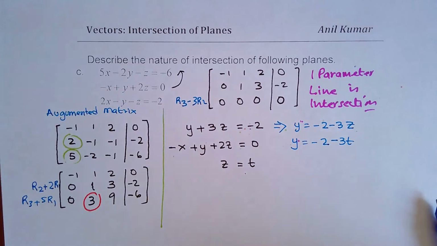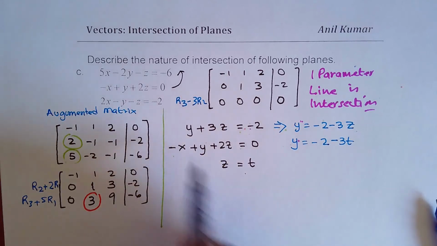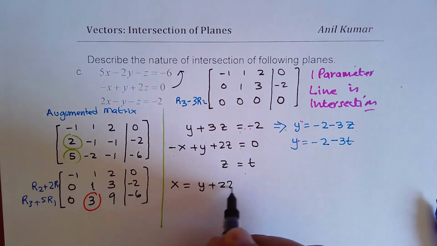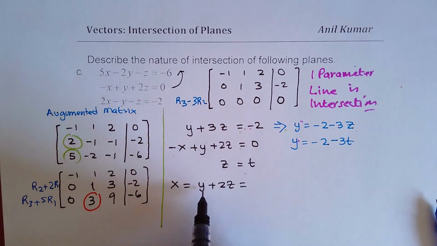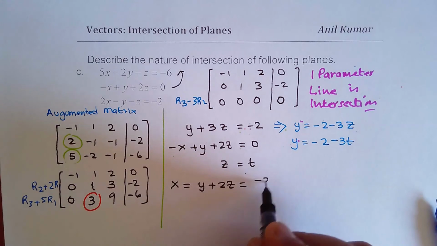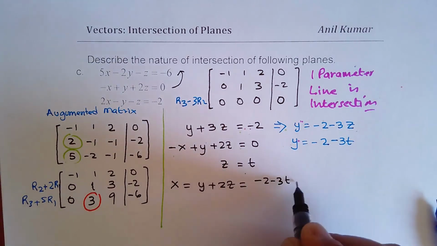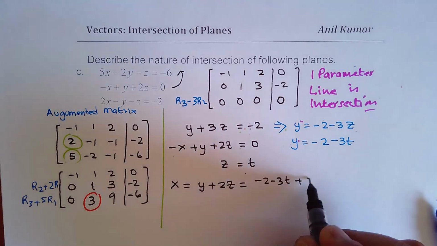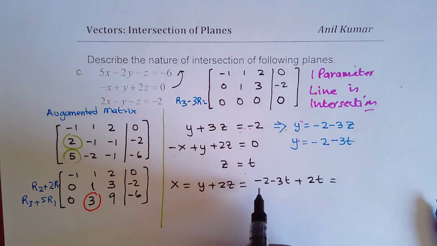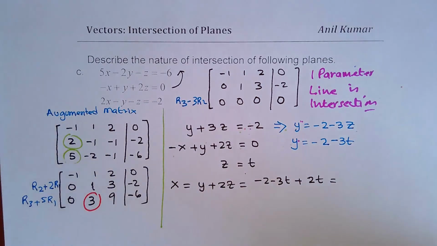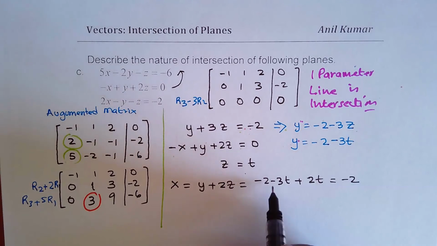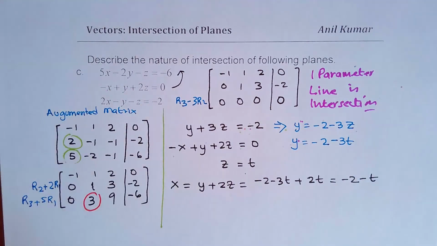Right? So we could write here x equals y plus 2z. Y is all this, which is minus 2 minus 3t, plus 2 times z gives us 2t, and combining these terms we get minus 2, and minus 3t plus 2t is minus t. We get the value of x also.